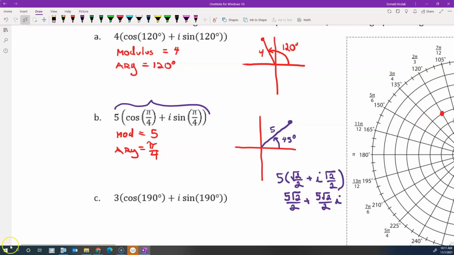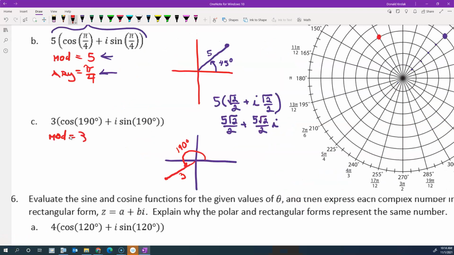Okay, modulus 3 and argument 190. If I was doing it on this one, I'd go out 1, 2, 3 rings, and I'm going to eyeball where 190 is. That's 195.